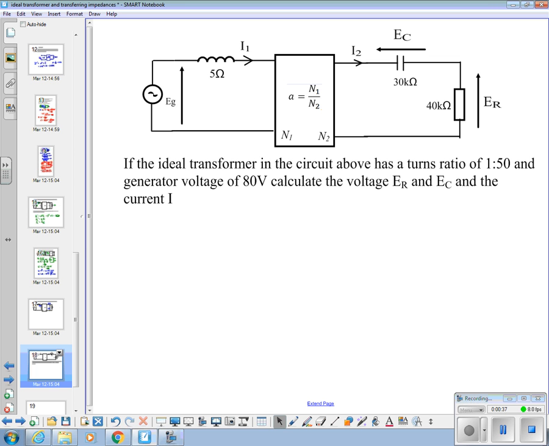Okay, so turns ratio of 1 to 50, so right up front I is 1/50, which is equal to 0.02.